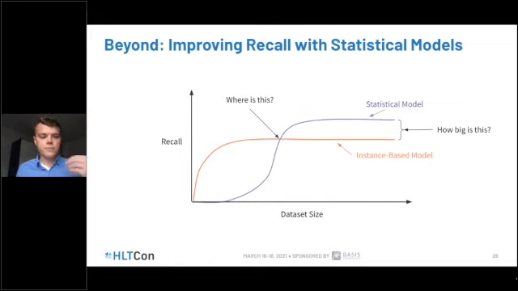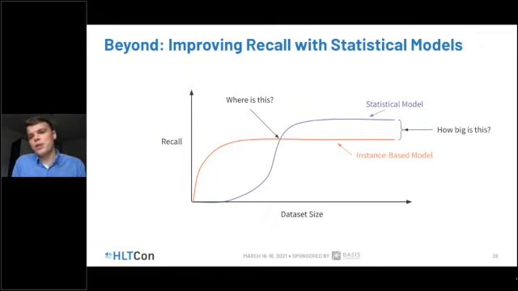And finally, what's really coming next in the more medium to long-term future. In theory, there's going to be a point where we've collected enough data for a given event type that a statistical model is going to start performing better than our instance-based model. The reason being that the instance-based model just is not able to generalize as effectively as something statistically based would be able to.